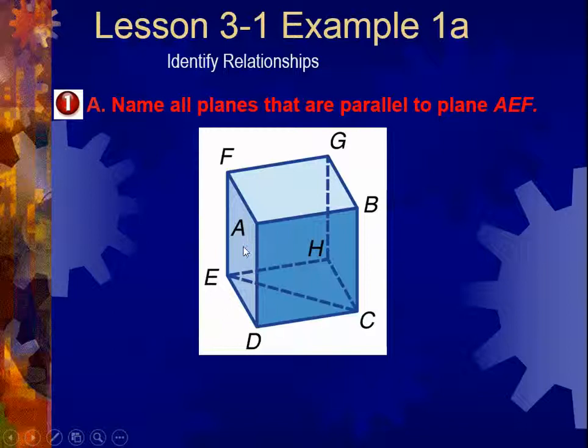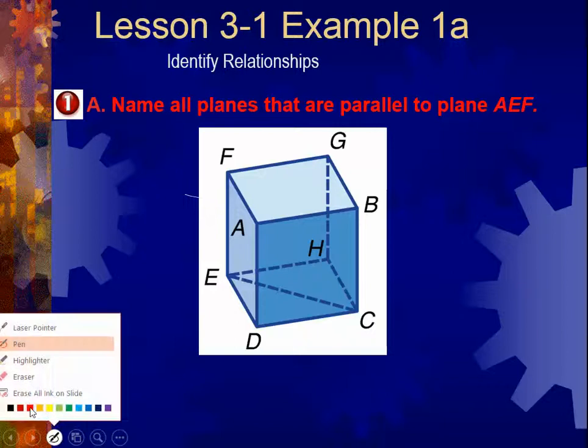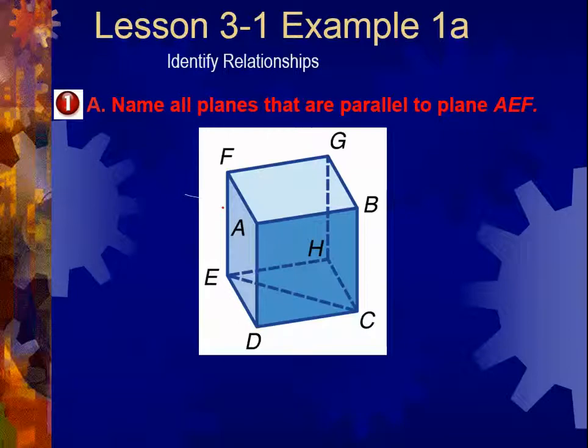So we don't want to include anything that's touching that plane. So for instance, let me come down here and get red on my pen so we can see a little bit better. Here's our plane. Line AB is touching that plane, so we don't want to include AB.